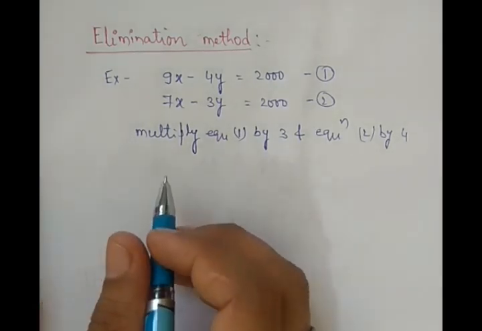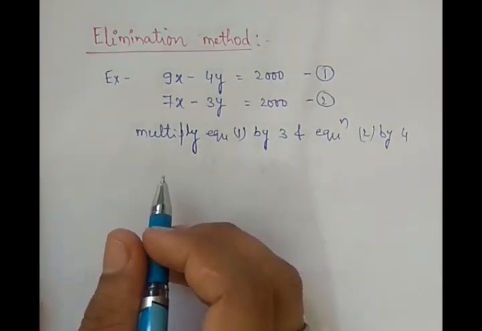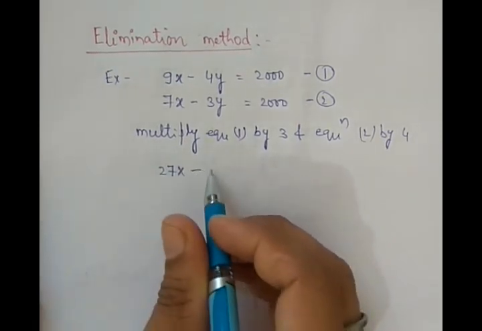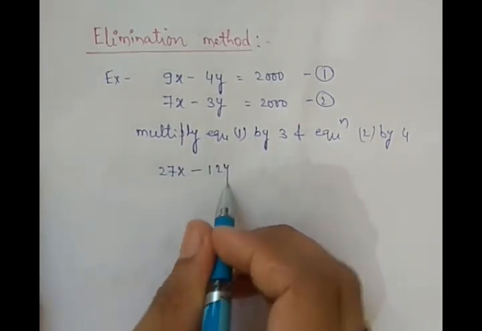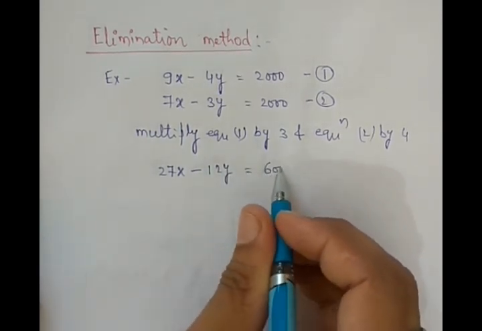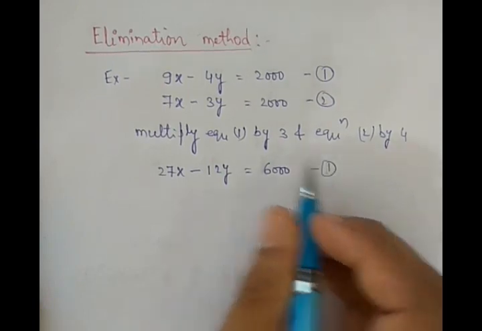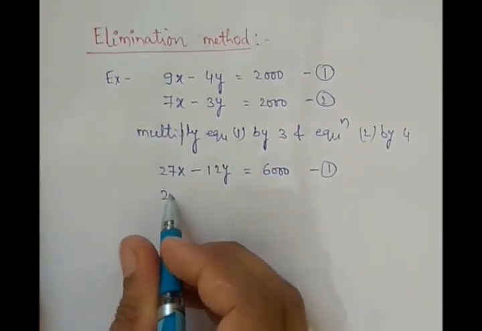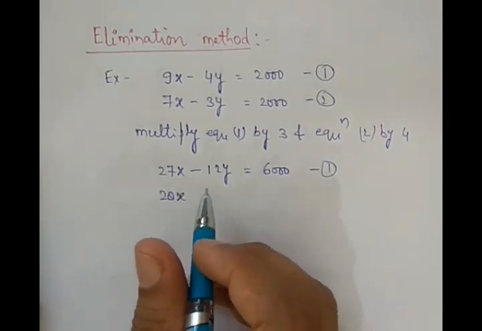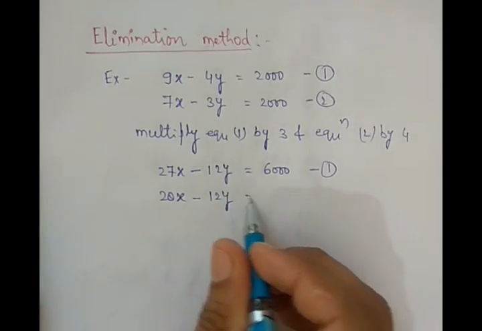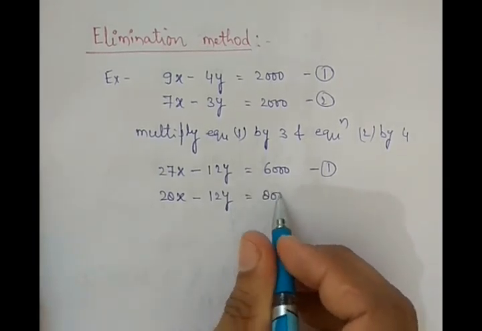If you are multiplying equation number 1 by 3, this will give you 27 times x minus 12 times y is equal to 6000. And if you multiply equation 2 by 4, that will give you 28 times x minus 12 times y is equal to 8000.